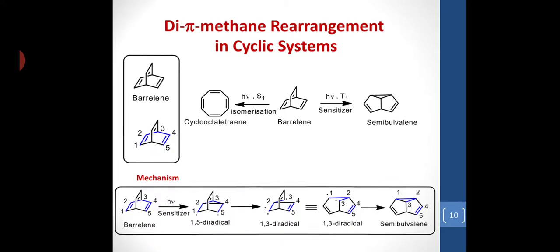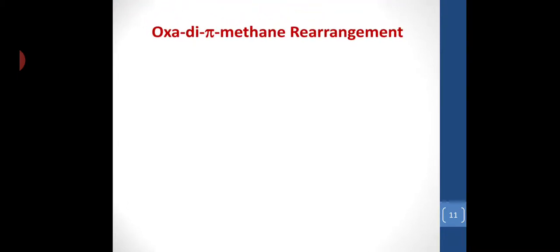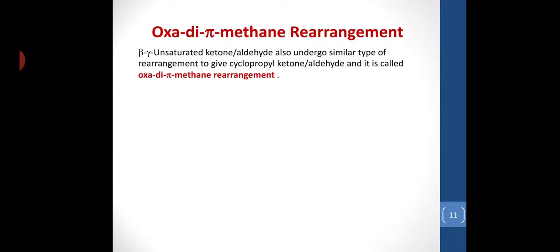As an extension of di-pi-methane rearrangement, beta-gamma unsaturated ketones or aldehydes also undergo similar types of rearrangement called oxa-di-pi-methane rearrangement. Now, what are beta-gamma unsaturated ketones?